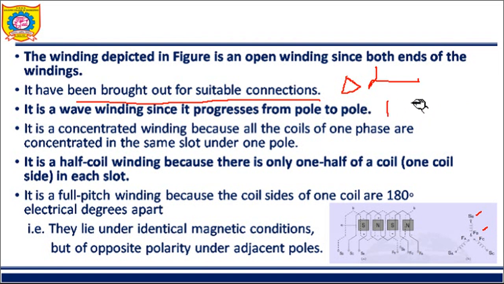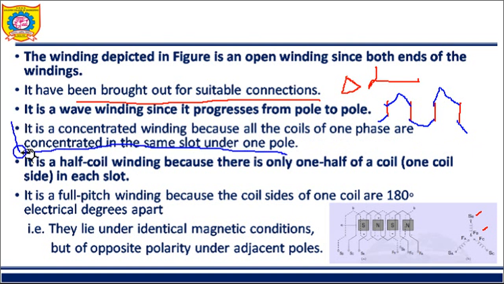One conductor is under this pole, another conductor is under the next pole, another conductor again in the next pole, and another in the next pole. So we are going to connect them likewise. So this is called a wave type of winding. This is a concentrated winding because all the coils of one phase are concentrated under the same pole.